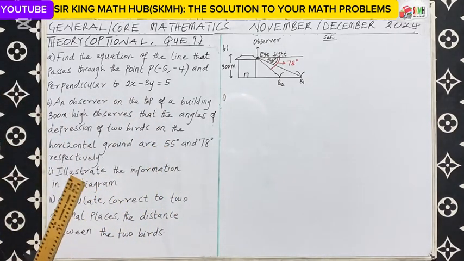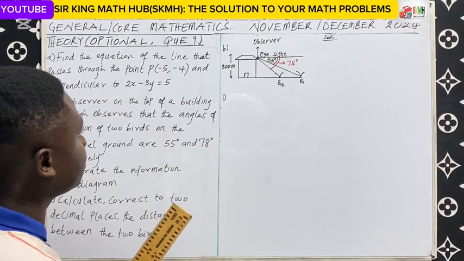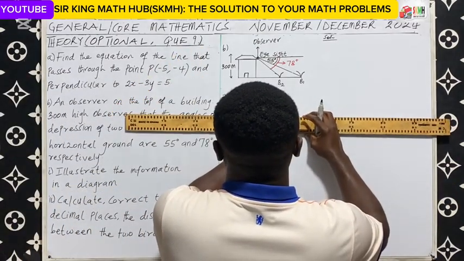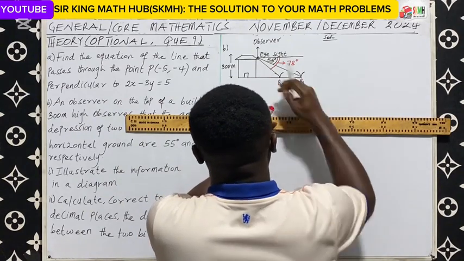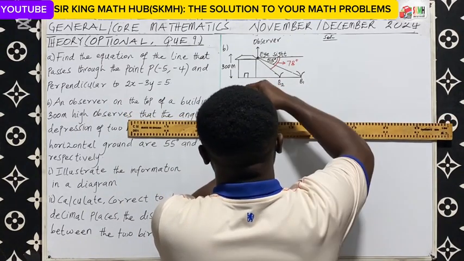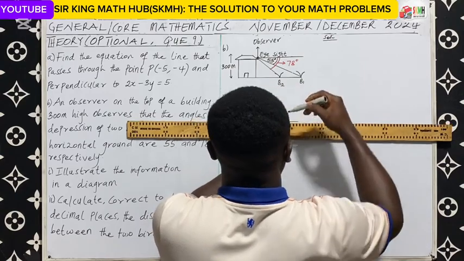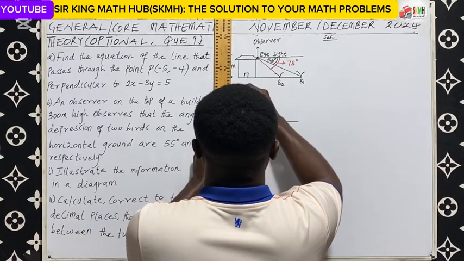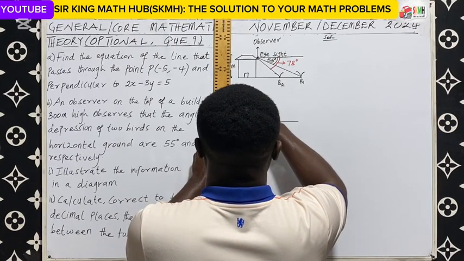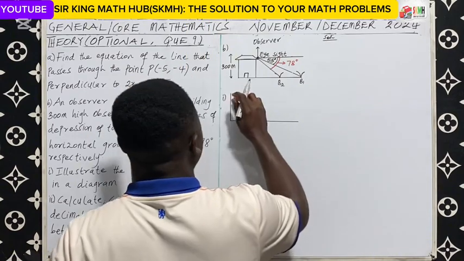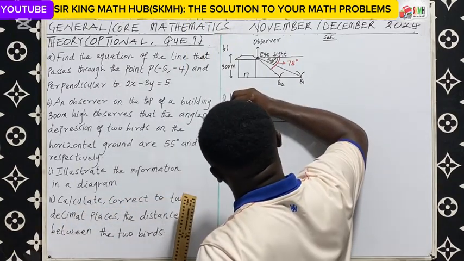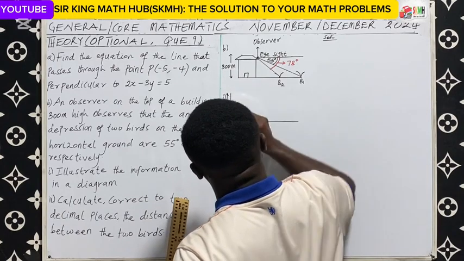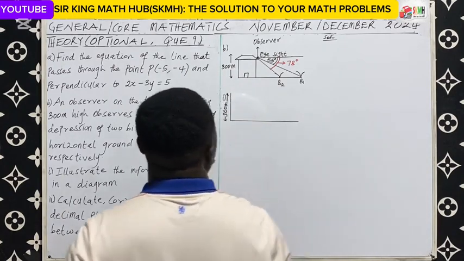So how then do we do that? So again, this is our level ground. We have our building, which measures 300 meters high.